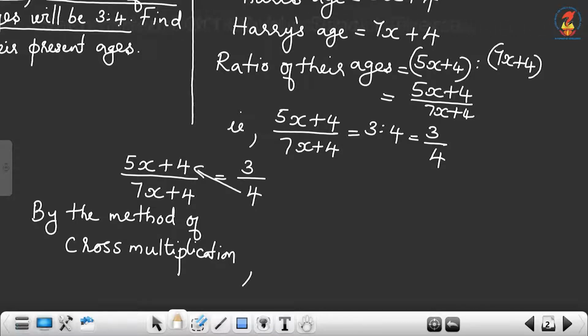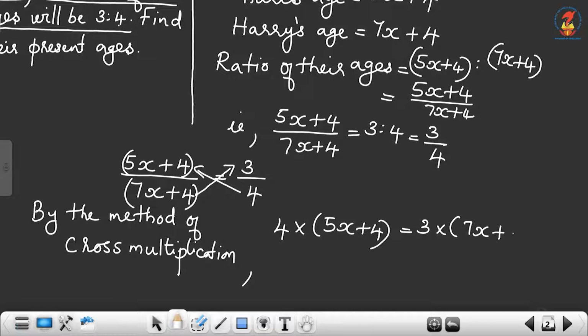This 4 should be multiplied with the 5x plus 4 and 3 should be multiplied with the 7x plus 4. Therefore we can write 4 into 5x plus 4 equal to 3 into 7x plus 4.